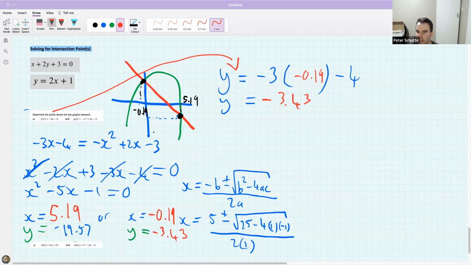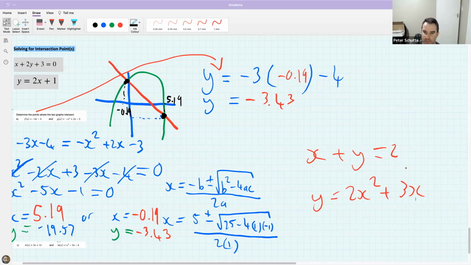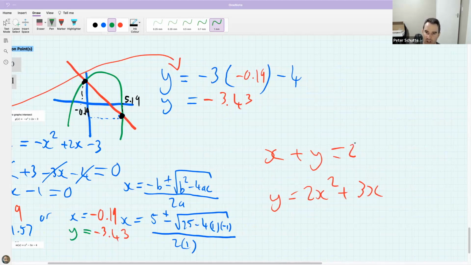So when I'm finding the intersection point, do we equate each equation for any type of graph? Yes, Linda, you do. Sometimes with an intersection point question, they give you x plus y equals 2 and y equals 2x squared plus 3x. In that case, you first have to work with the one equation a little bit.